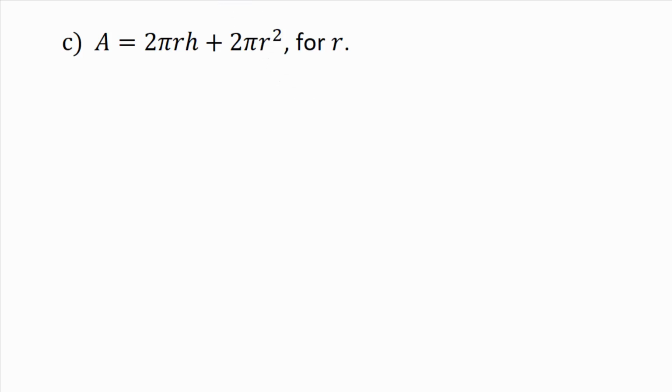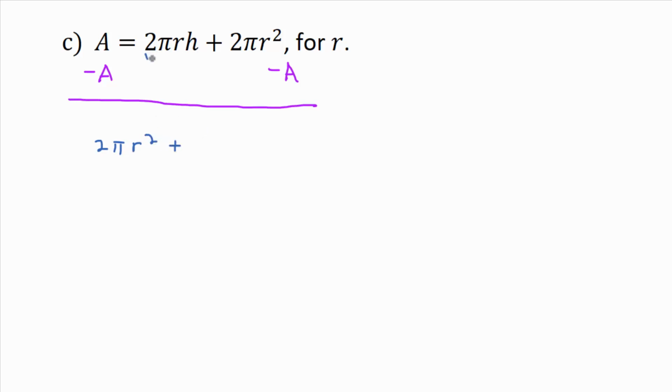So let's do this. First of all, just think back to how we apply the quadratic formula. You have to set the equation equal to 0. So I'm going to do that here by subtracting A from both sides, but I'm also going to rearrange it in descending powers of r. I'm going to put 2 pi r squared in front when I rewrite it. So I get 2 pi r squared plus 2 pi r h.